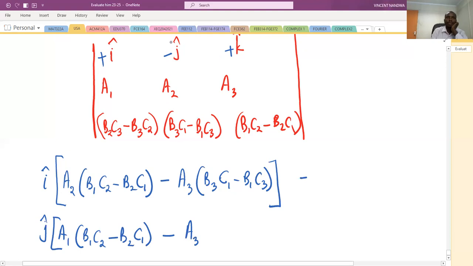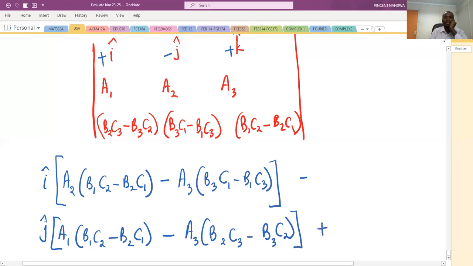Remember, we close this one and this one here. So A3 into B2C3 minus B3C2.